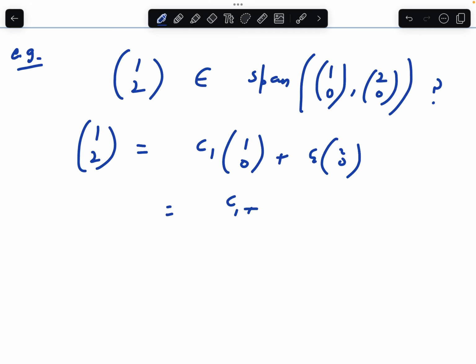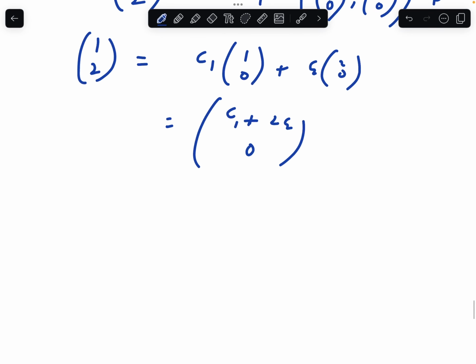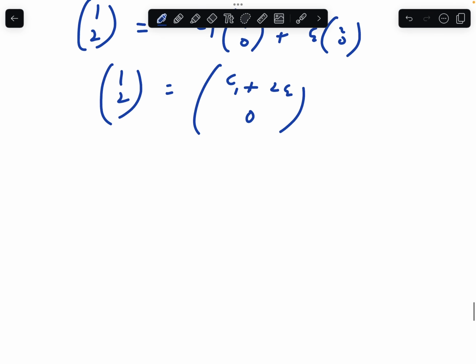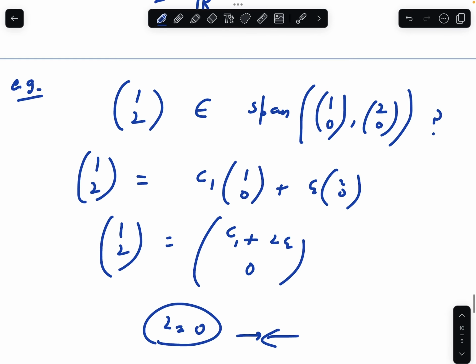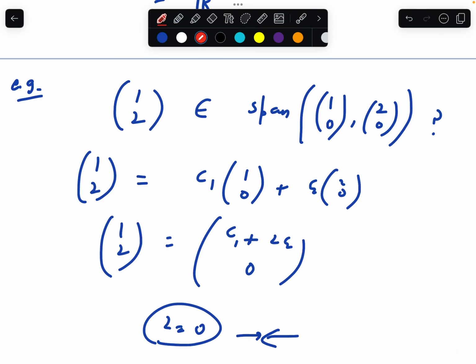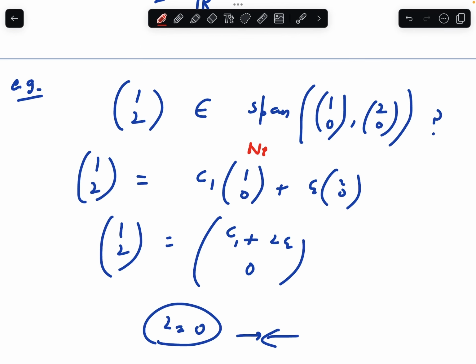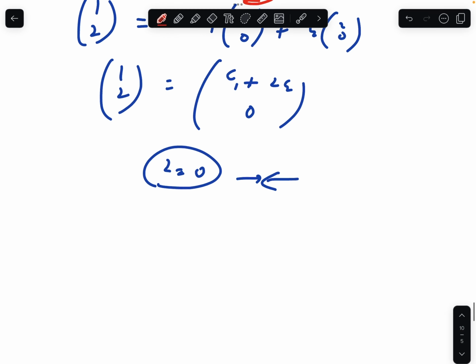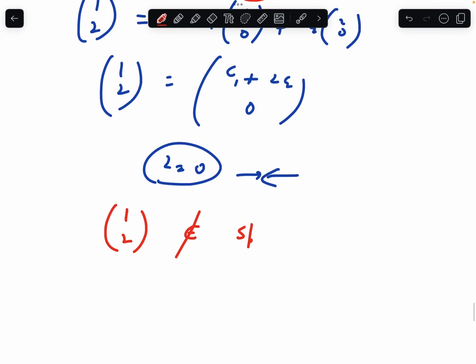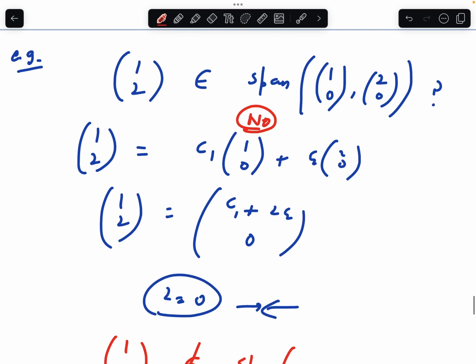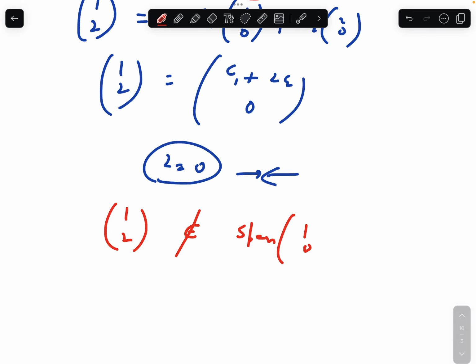And this gives (C1 plus 2C2, 0). And if you equate both sides, then you get 2 equal to 0, which is not possible. So this is not true, right? No, (1, 2) is not inside the span of these two vectors (1, 0) and (2, 0), right?